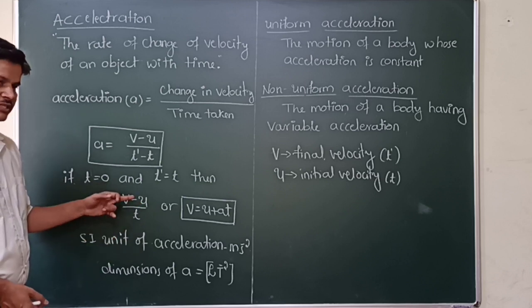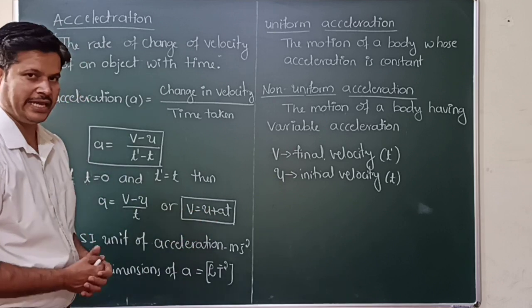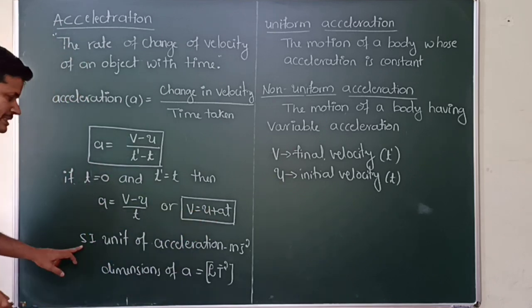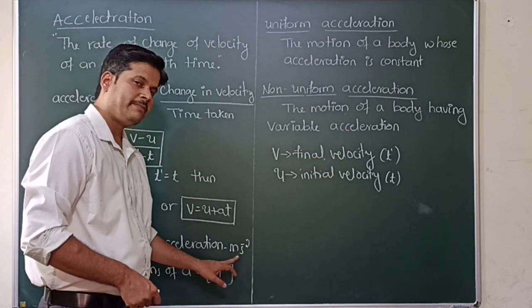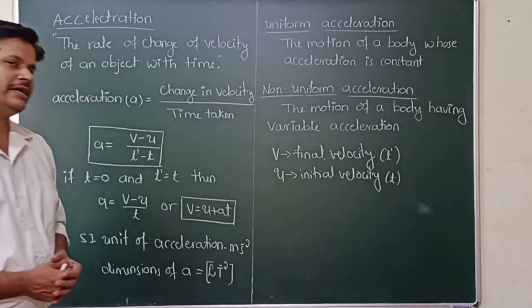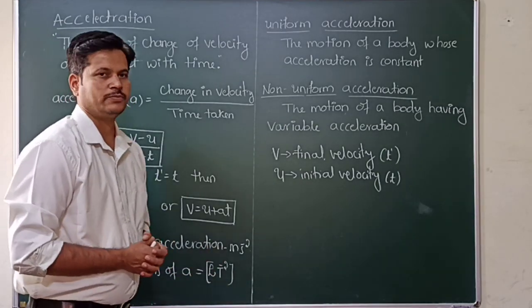If you rearrange this, then v equals u plus at. Correct? What is the SI unit to measure acceleration? Acceleration is measured in meter per second square and its dimension is L T raised to minus 2.